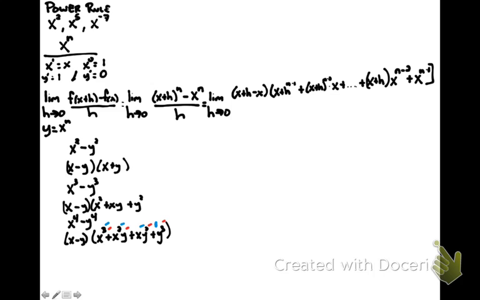Right, just using some factoring facts. And all of this is divided by h.